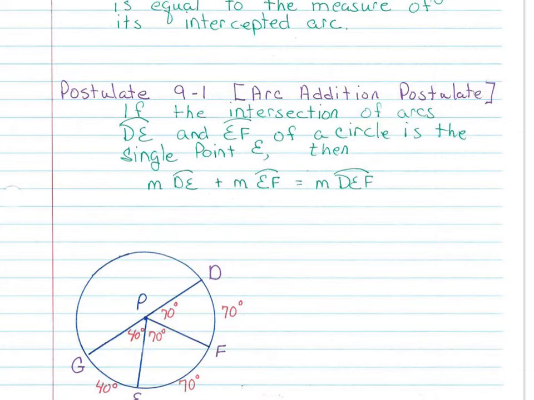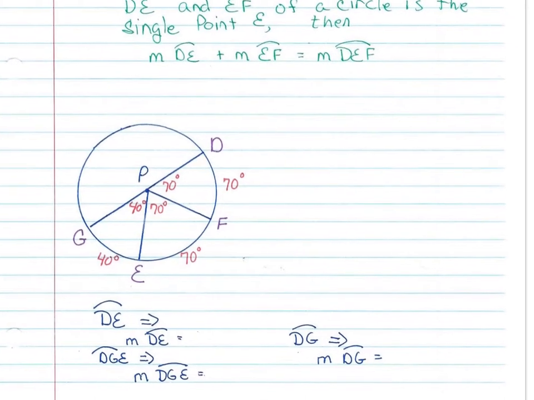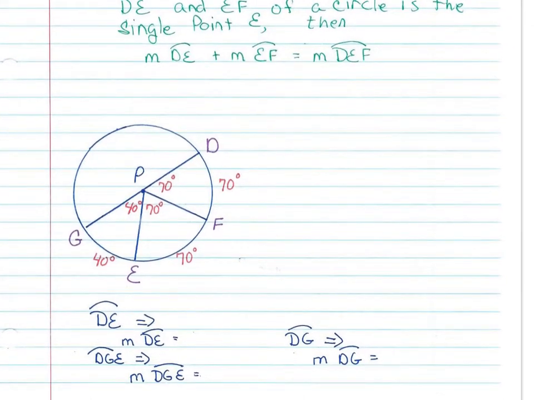So notice in the circle that I have drawn here, if we have a central angle of 70 degrees, the intercepted arc is 70 degrees. If I have a central angle of 40 degrees, the measure of the intercepted arc is 40 degrees. So if we look at arc DE, what kind of an arc is arc DE?